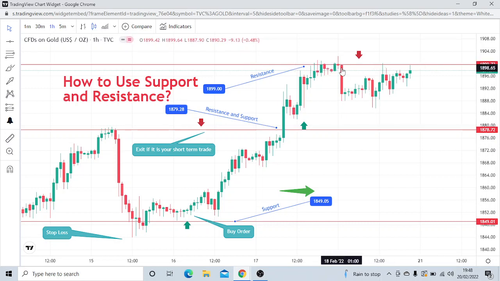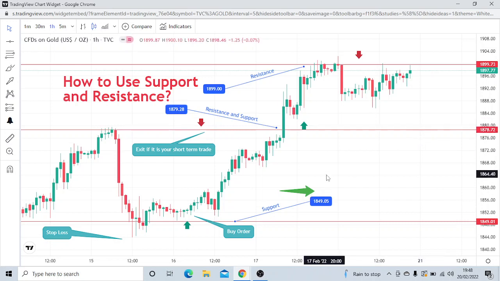Still it has not touched this support level, or crossed this level, so there is still a high chance that the market crosses this resistance level again and goes further higher. So you can wait, and if it starts to cross this level downward, then you need to sell.